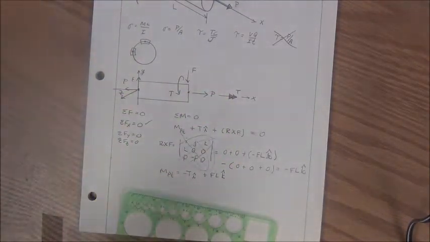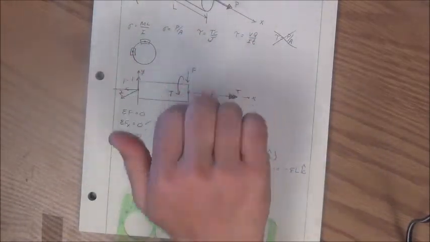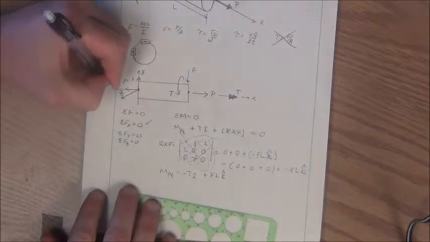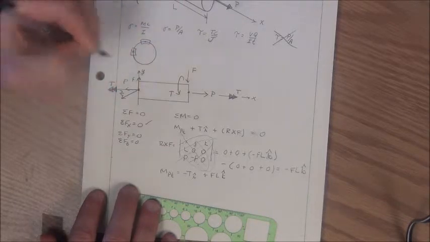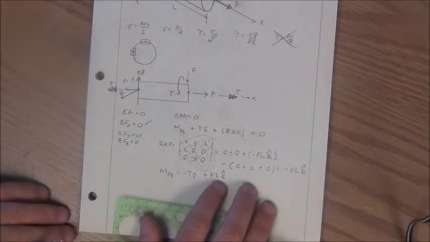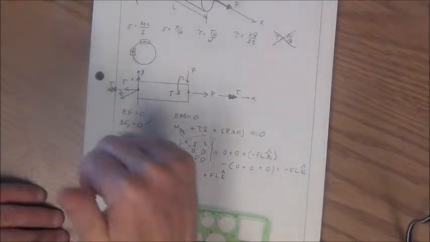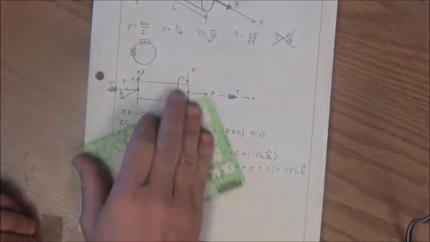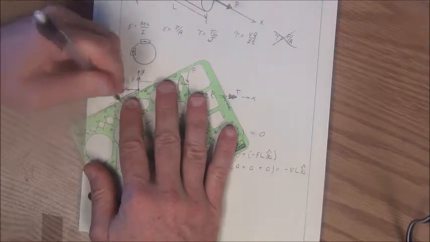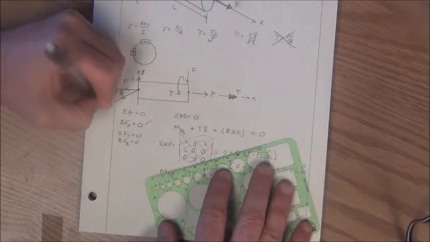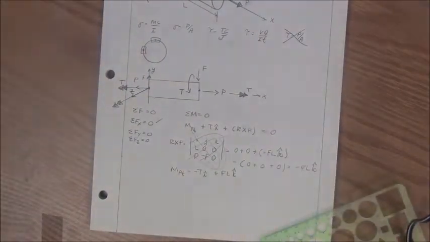A minus T would be going in this direction, where my thumb would be in the negative X or the I direction, and so my double arrows would be going like that with a magnitude of T. My FL K will be about the Z axis, and it will be positive, so I put my thumb in the positive direction and draw my double arrows, and I get double arrows that would look like this and would be in the positive z direction.